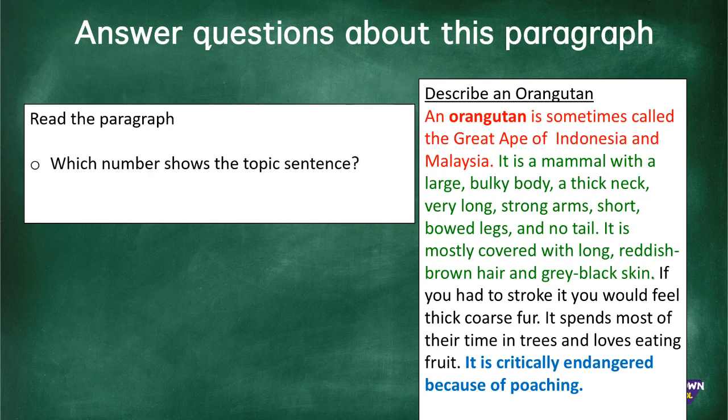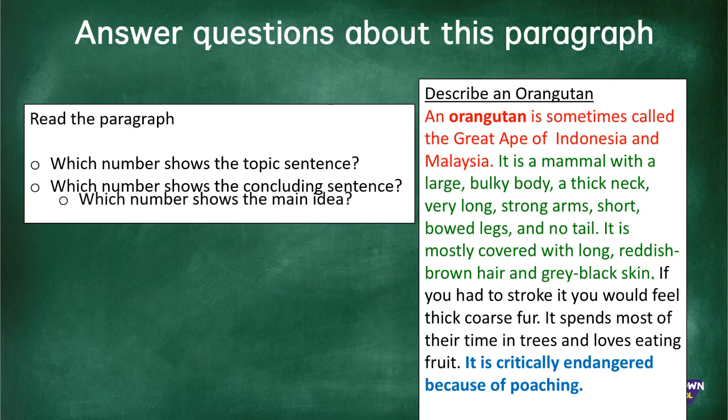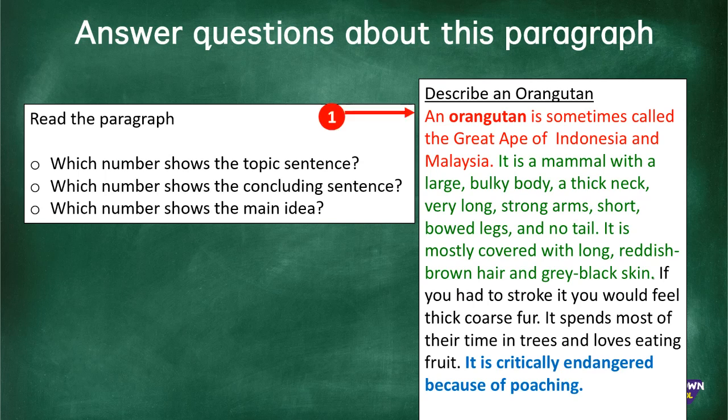So, which of these numbers shows the topic sentence is what I want to know. Which number shows the concluding sentence and which number shows the main idea? So I've numbered these sentences. We're going to call that first sentence, sentence 1. The green writing is number 2. The black writing is number 3. And the blue writing is number 4.